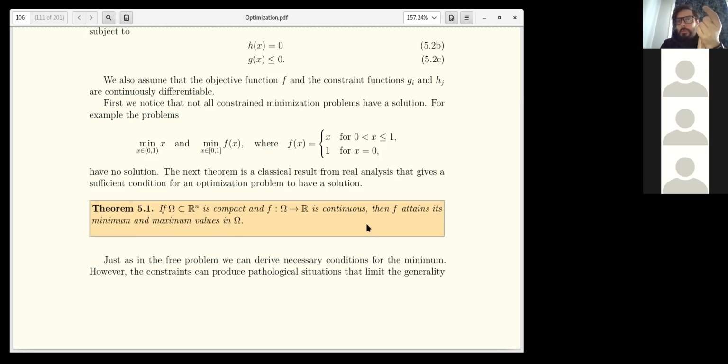And by closed, we mean that if it has an edge, the edge is sharp and is contained in the set. And if it's bounded, it means that in the space, when we go to a point of the set, there is no direction where we could go infinitely long and still find points of the set.